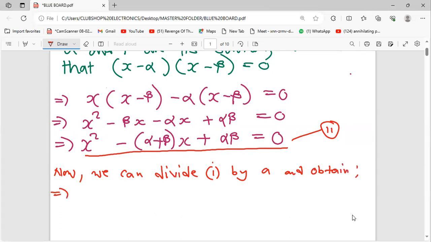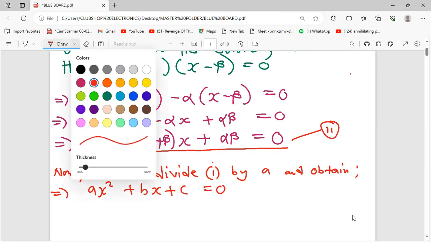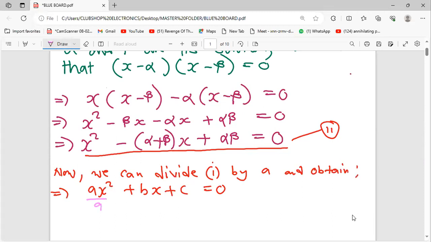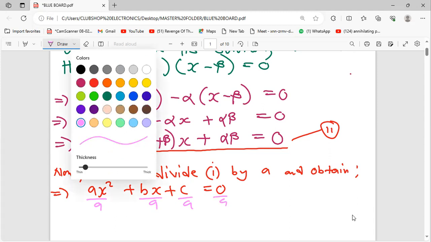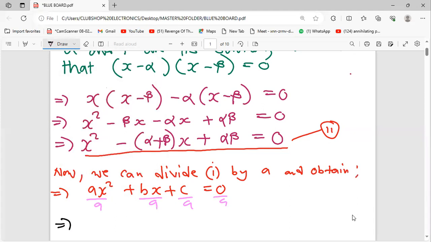So what we have is ax squared plus bx plus c is equal to 0. When we divide that by a, what are we going to have? We have x squared plus b over a x plus c over a equal to 0.